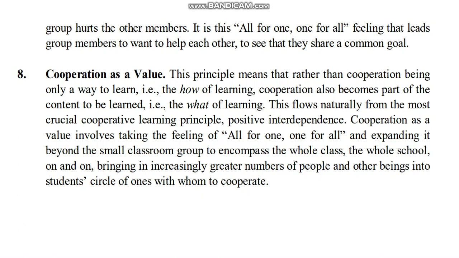Cooperation as a value involves taking the feeling of all for one, one for all, and expanding it beyond the small classroom groups to encompass the whole class, and on and on, bringing an increasingly greater number of people and other beings into the student's circle of those with whom to cooperate.